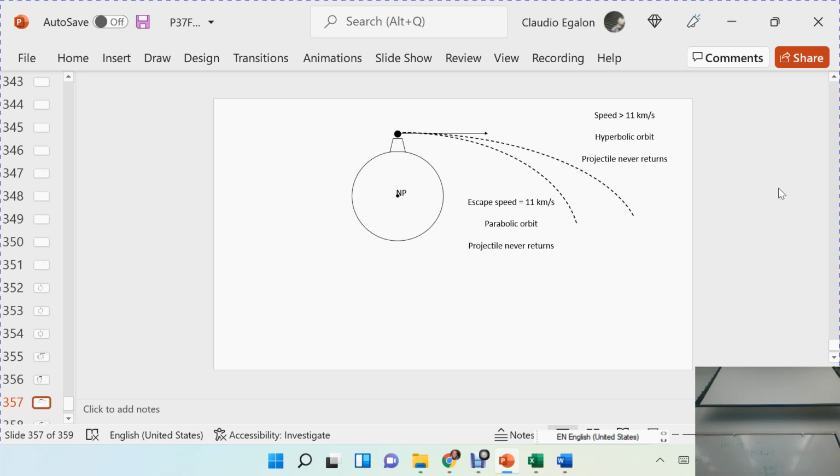Okay? When the particle is very far away from the Earth, at a distance that's infinitely distant, what's going to happen to the kinetic energy? It's going to become zero. Okay? So here you go. At this point, you have initial kinetic energy plus initial potential energy. Very far away from the Earth, you have final kinetic energy, final potential energy.